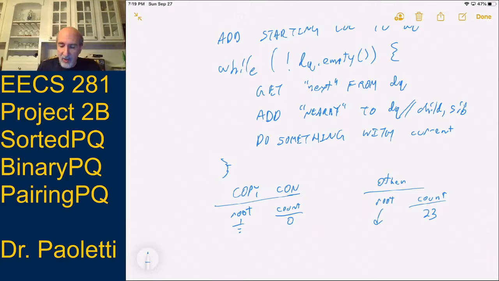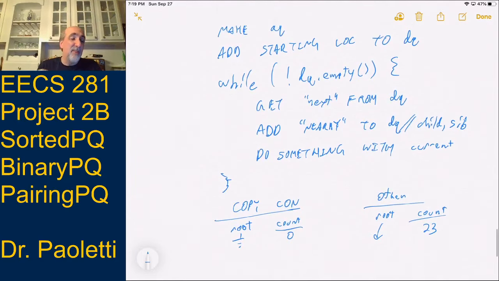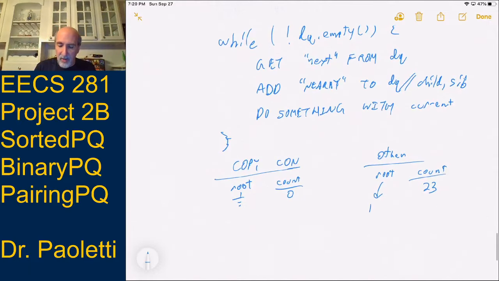So where is my starting point? My starting point isn't my root. My starting point is the other pairing heap's root. So I put that other pairing heap's root in, I loop, I take the pointer to, let's say, 112, pointer to 112 comes off, I push its child, which points to like 99.